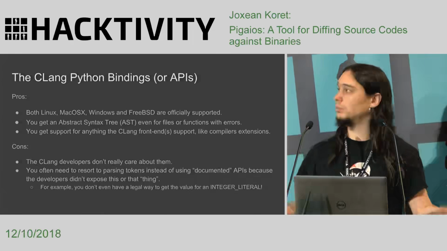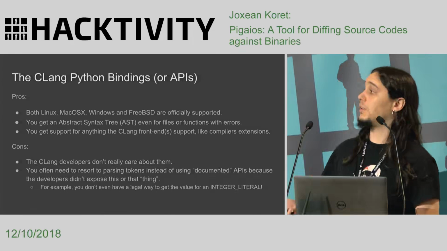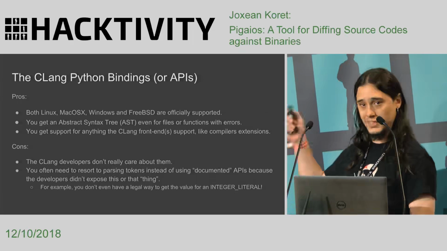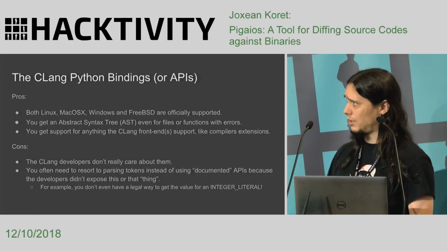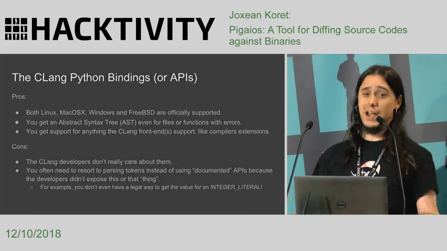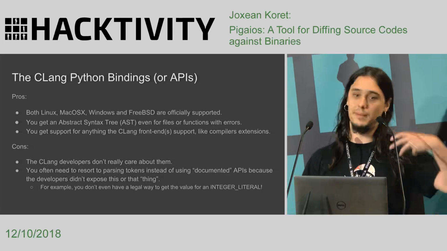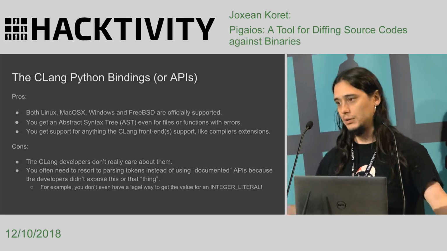This is just what I want for that project. And also you get support for anything that the Clang frontends support. For example, now the Clang guys are working on the Microsoft Visual C++ extensions. That's it. It's supporting everything that the Microsoft compilers support.